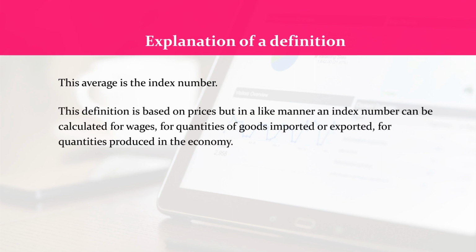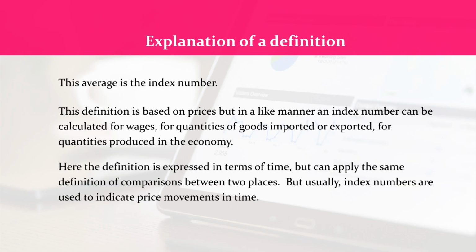So the definition is based on prices, but in a like manner an index number can be calculated for wages, for quantities of goods imported or exported, for quantities produced in the economy. Hence the definition is expressed in terms of time, but the same definition can apply to comparison between two places. But usually index numbers are used to indicate price movements in time.